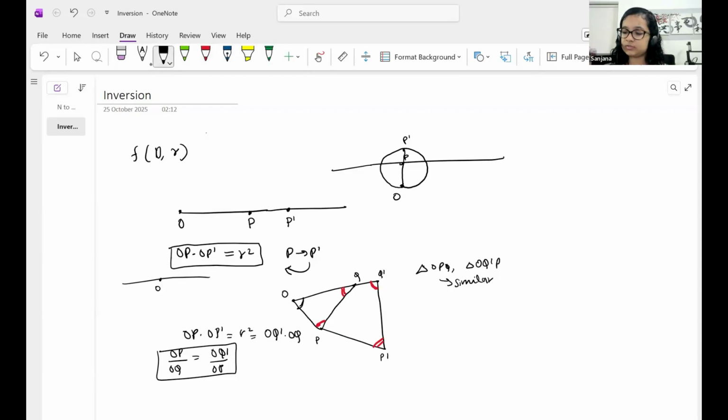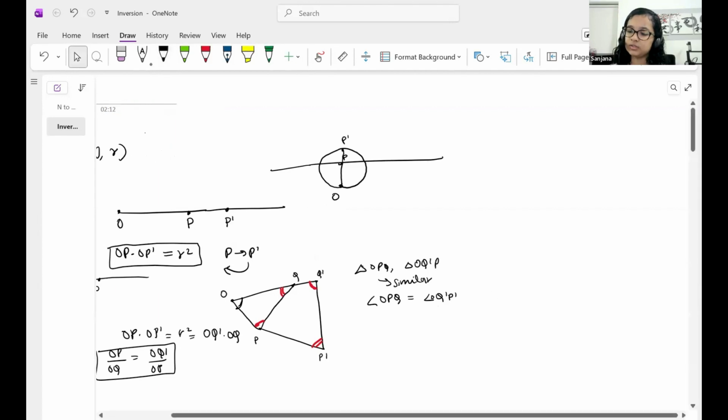So in general, for points P and Q and their inverses P dash and Q dash, you get that angle OPQ is equal to angle OQ dash P dash. And this is very important, and you should keep this in mind in general.